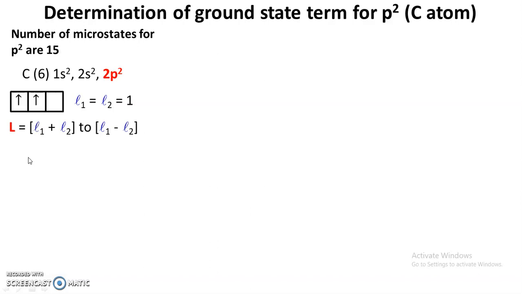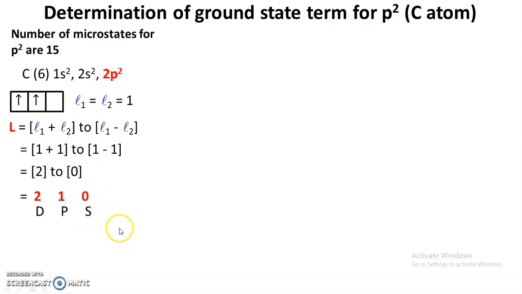This value L we can find out from l1 plus l2 to l1 minus l2. So l1 plus l2 is 1 plus 1 to 1 minus 1, that is 2 to 0.